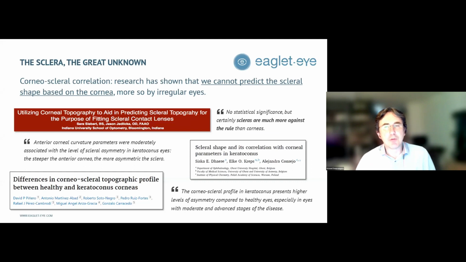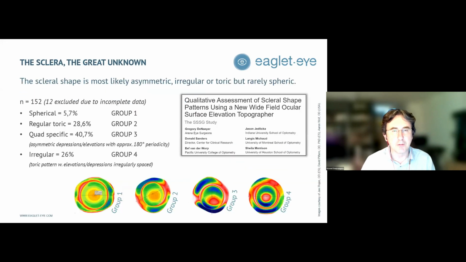One of the things we've realized is that the shape is actually much more irregular and much more asymmetric than we thought it was. And we also realized that you're not capable of predicting the scleral shape when you just look at the cornea. And so there's been really an explosion of peer-reviewed publications. Of course, that's really helped us understand it better.